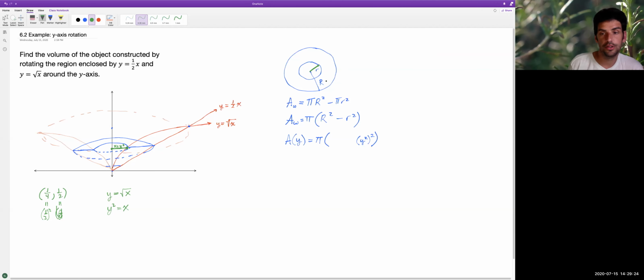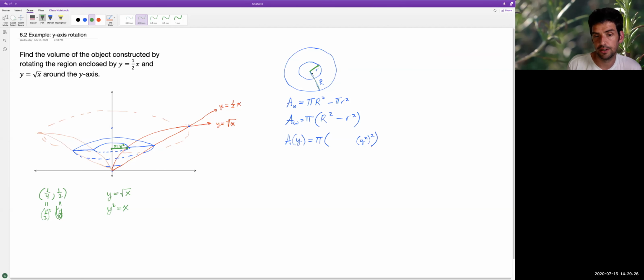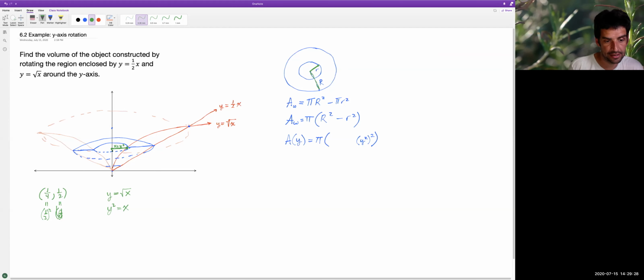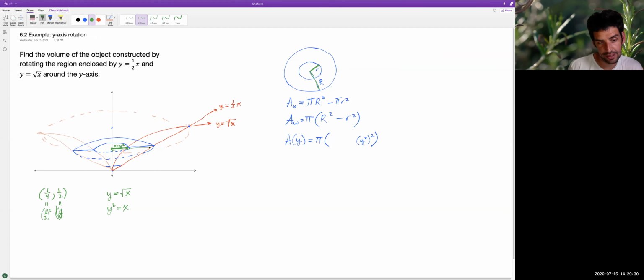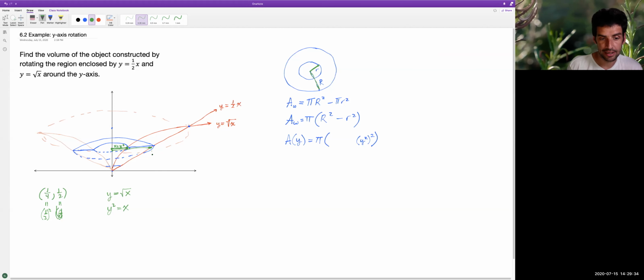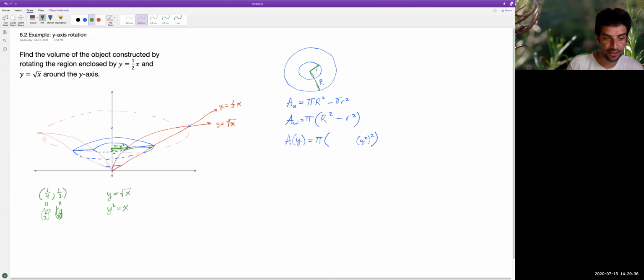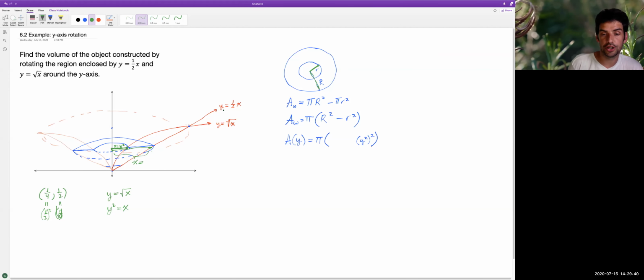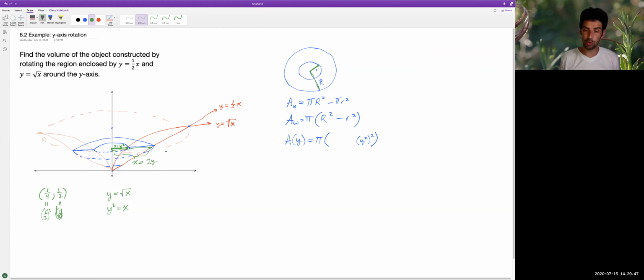Now the big radius, big R, that's the distance from the x-axis out to this curve. Same idea, that the distance is actually the x-coordinate of this point, but along the curve y equals 1/2 x, we know x equals 2y. Those are equivalent statements just written in the other direction.